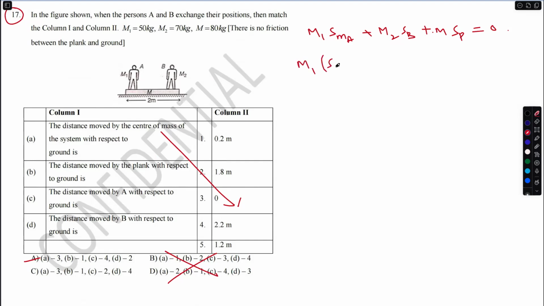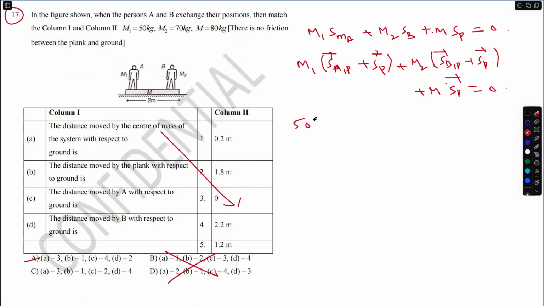M1 times the displacement of A with respect to plank plus displacement of the plank, plus M2 times displacement of B with respect to plank plus displacement of the plank, plus M times displacement of plank equals 0. Ignore my handwriting because I am fast.